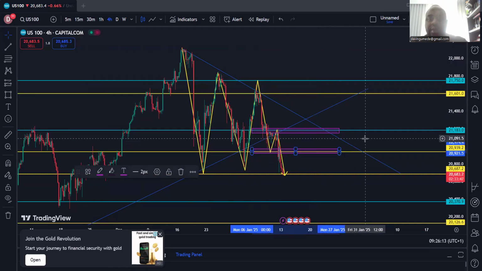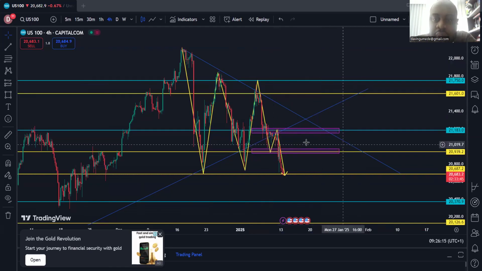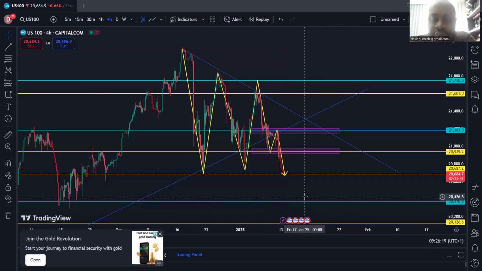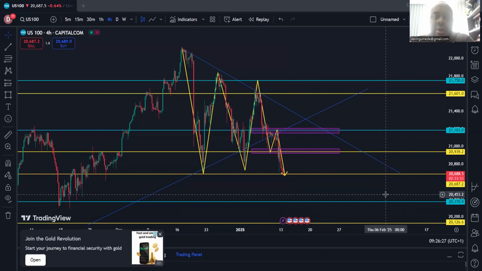These are two zones that could possibly be respected, before breaking through and moving downwards to lower prices, ensuring number one on Nasdaq. So I'm expecting also a bearish move.